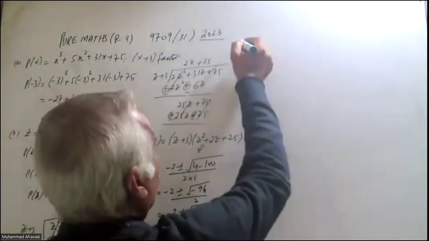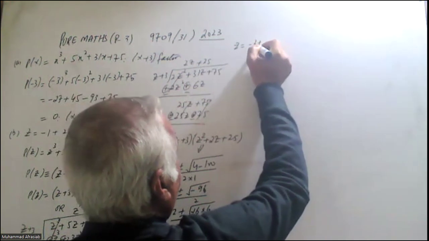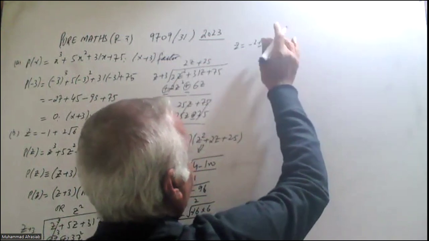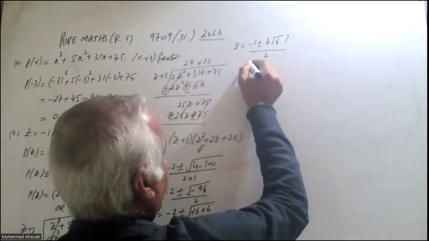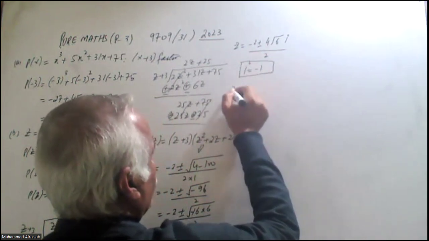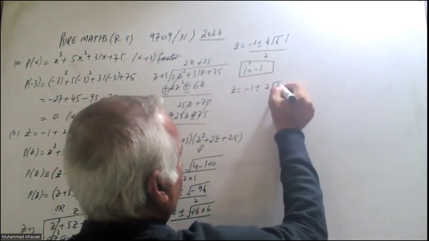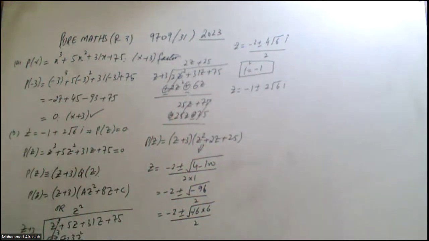This is equal to minus 2 plus minus 4 root 6 iota over 2, as iota squared is equal to minus 1 in complex numbers. So z is equal to minus 1 plus minus 2 root 6 iota. So these are the two roots: minus 1 plus 2 root 6 iota and minus 1 minus 2 root 6 iota.